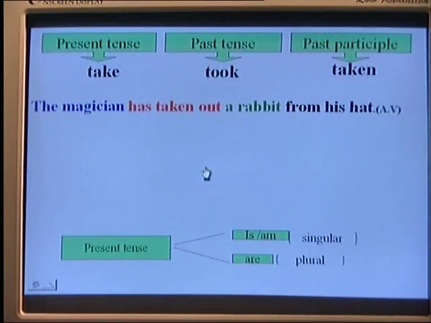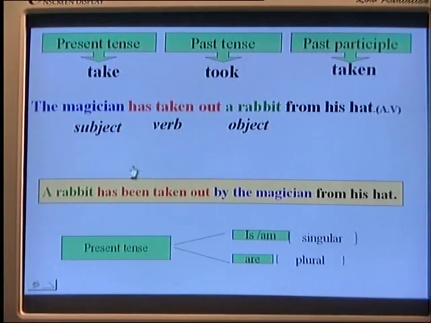Okay? So, now look at the sentence in passive voice and let us divide the sentence into subject, verb and object. The magician is the doer here, therefore, magician is the subject, has taken out is the verb and rabbit is the object. So, the sentence should begin with a rabbit in passive voice.